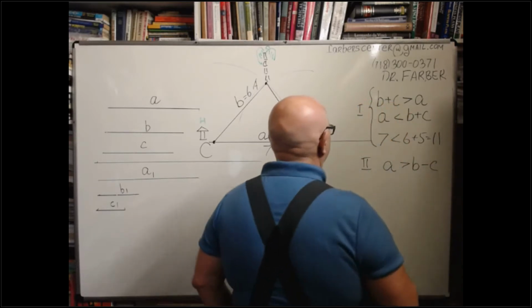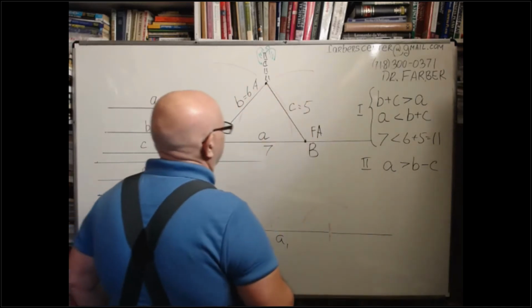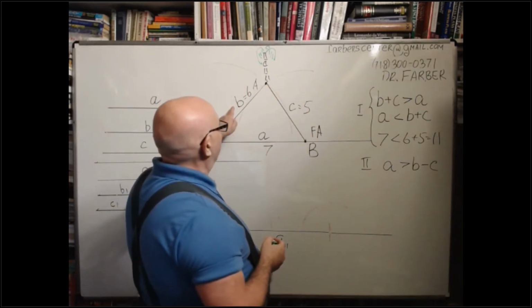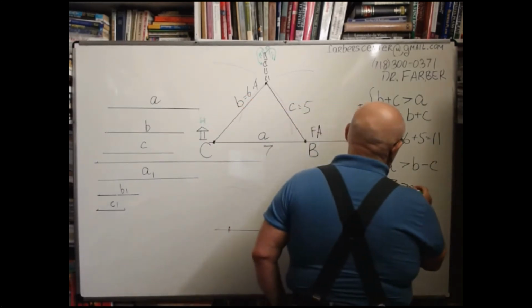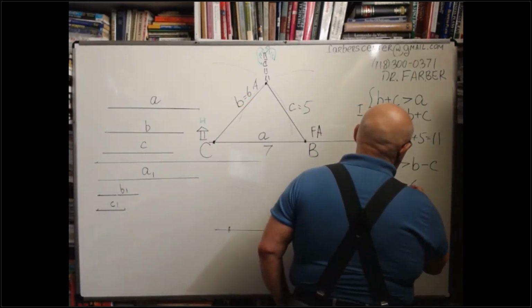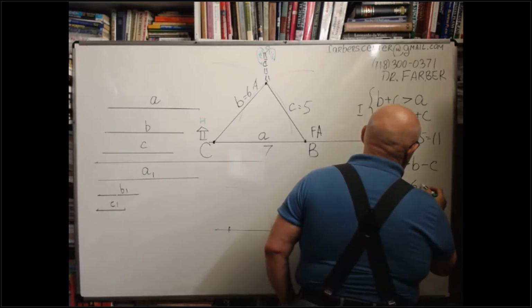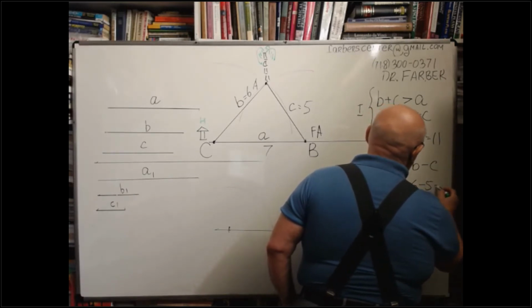Any two sides. For instance, is 7 greater than 6 minus 5, which is 1?